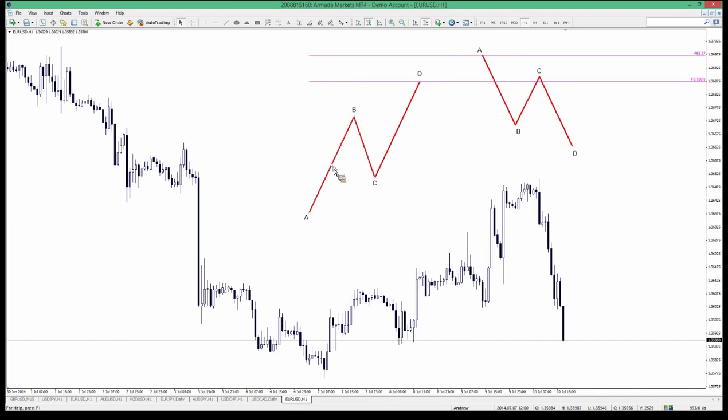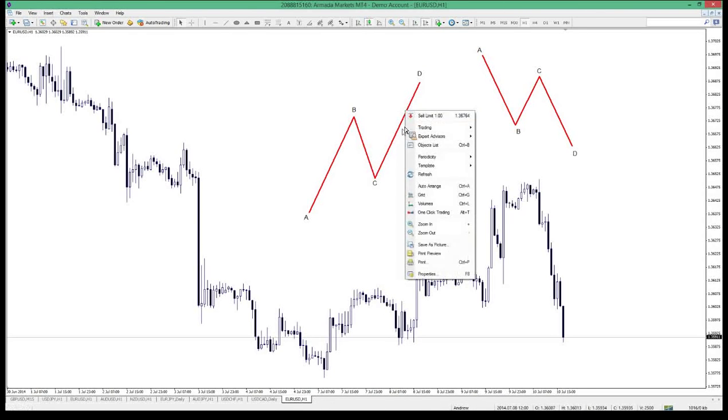Very straightforward. If you don't want to use that tool, as I said before, you can literally measure the distance or trace it out on your chart, and then simply hold Control C, copy that, and move it across. That'll give you exactly the same thing. So just look at this.